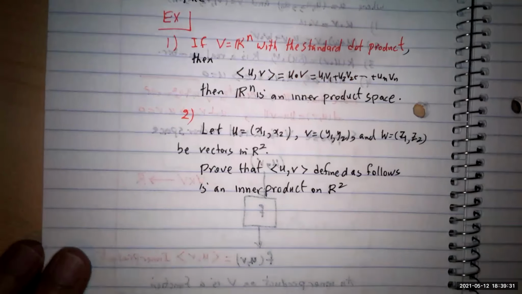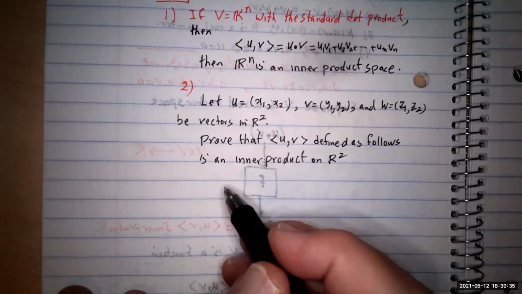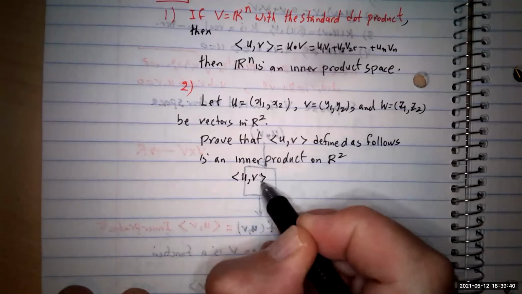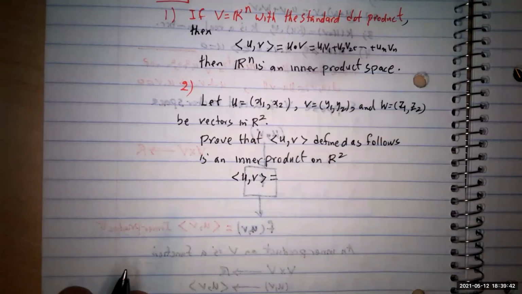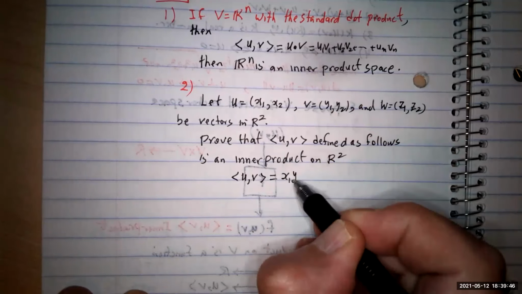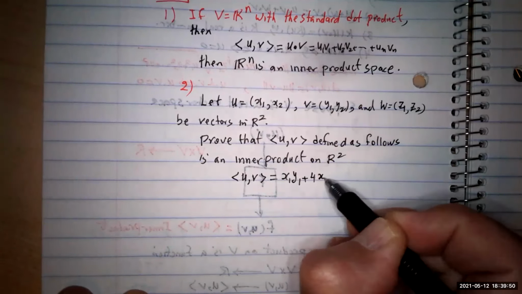You have quite a lot of these in your assignments. They change the ordinary definition of the inner product of U comma V to, for example, X1 Y1 plus 4 times X2 Y2.